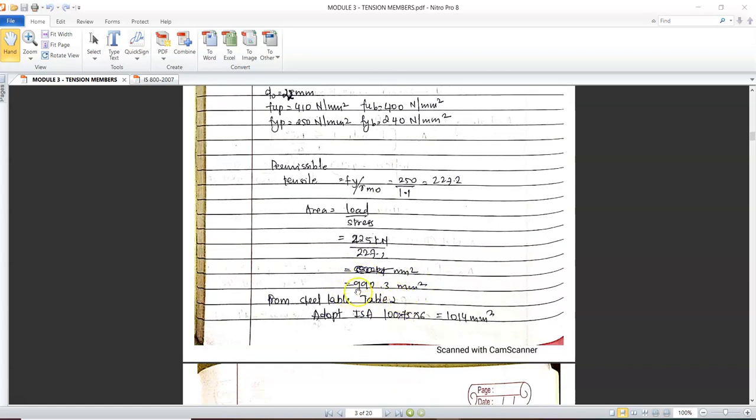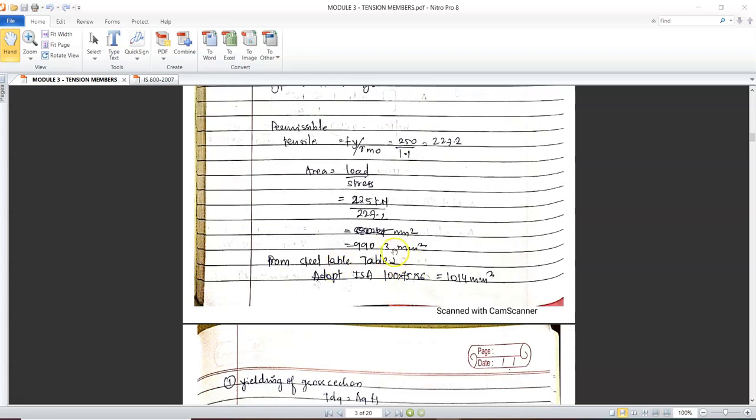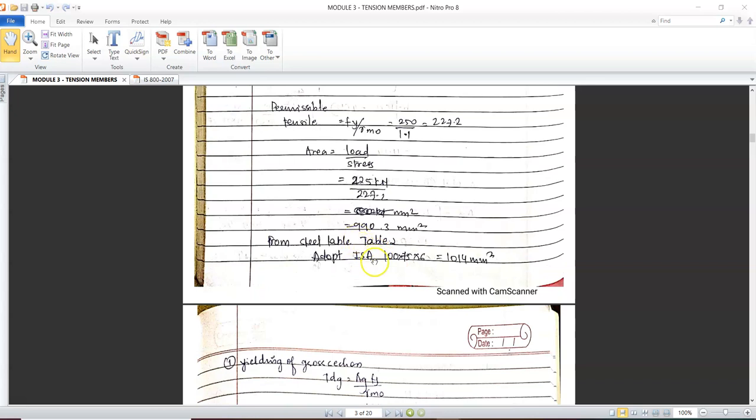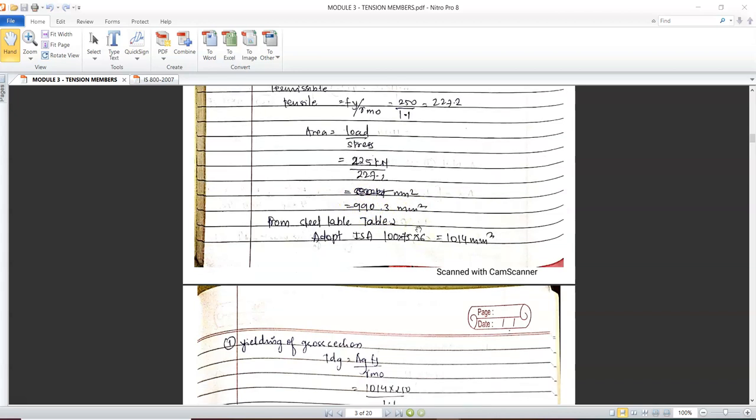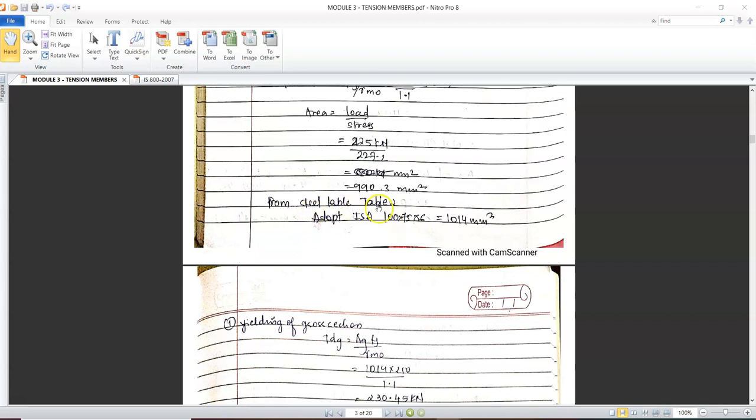Now referring to the steel table, you have to find an angle section which is having area greater than 990.3 square mm.